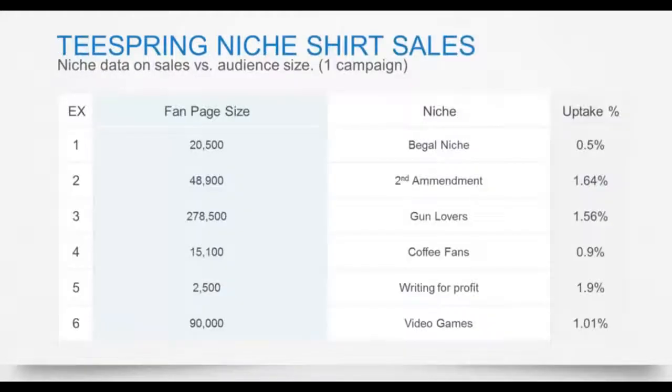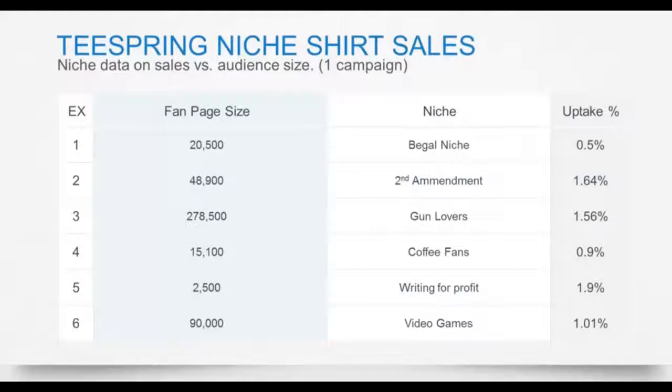Here are some uptake percentages. These are Teespring niche shirt sale examples. This is niche data on sales versus audience size from one campaign in each of these various niches, so this is not an all-inclusive percentage. I just took some examples to show you. Example number 1 is the Beagle niche.